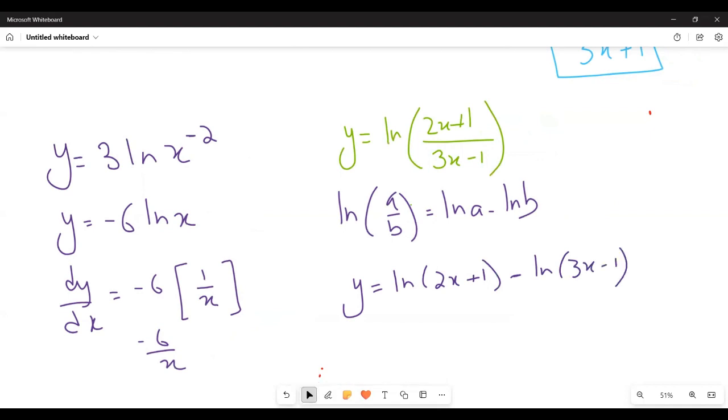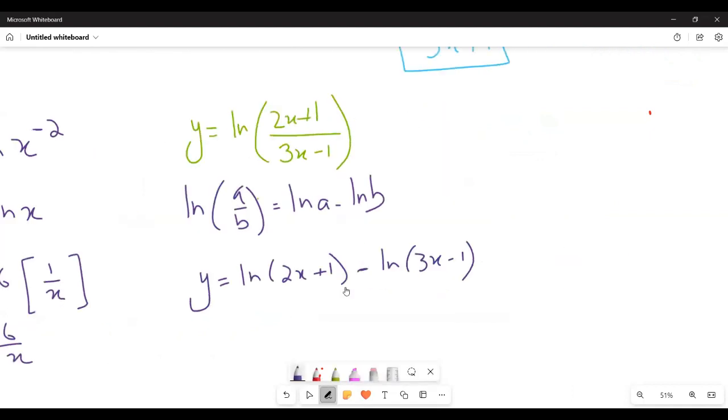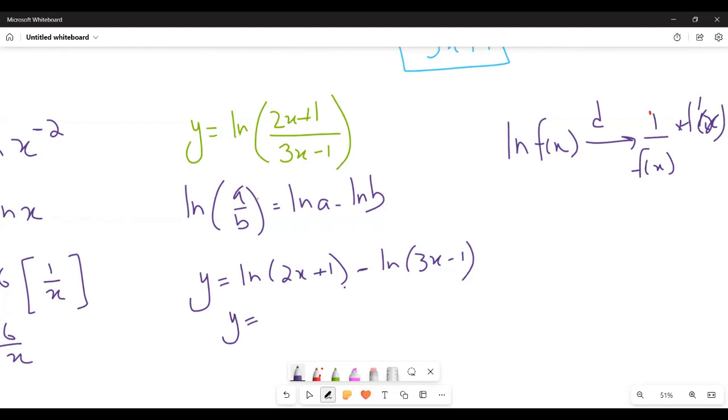Okay. Now we're going to apply the rule for derivating ln fx, which is when we derivate this, it becomes 1 over fx times f prime x. Okay. So y equals 1 over 2x plus 1 multiplied by the derivative of this, which is 2.